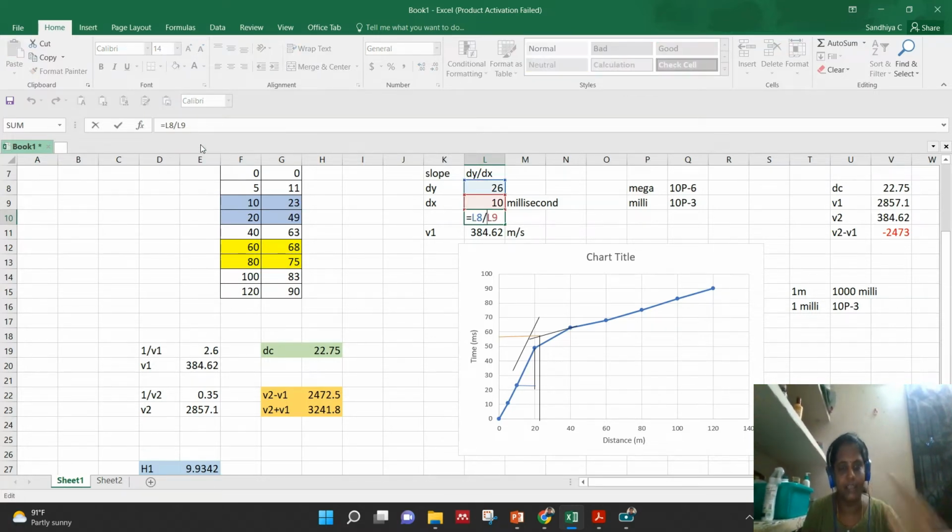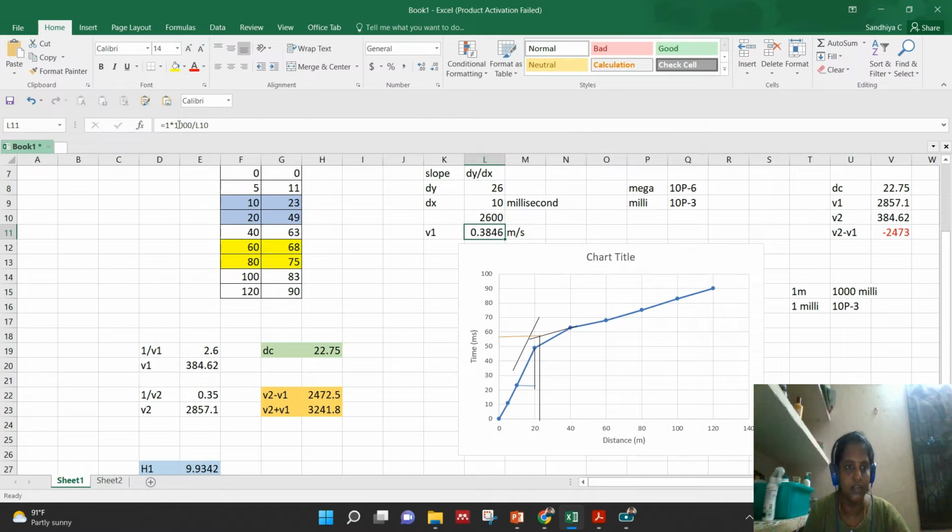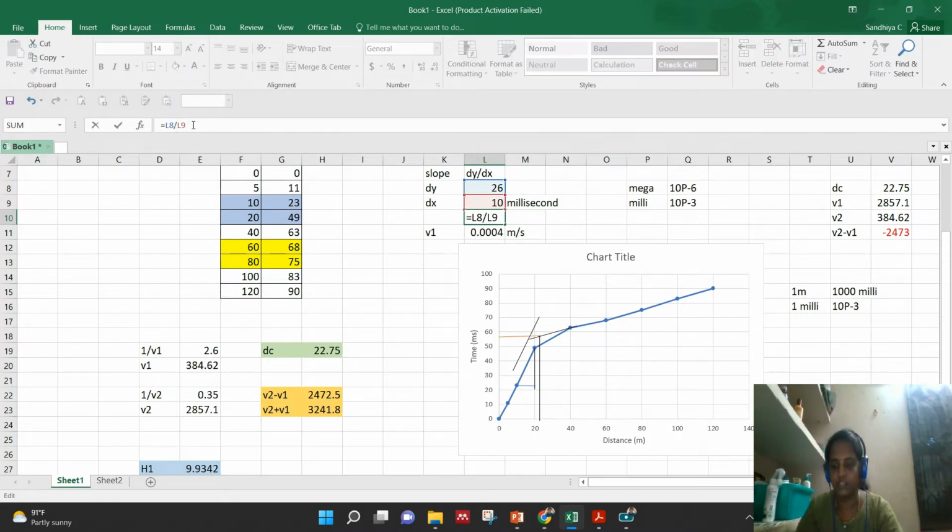I can put it here, no issues, into 1,000. Whatever answer you get is then in meter per second. Actually, this 1,000 will be in the denominator.